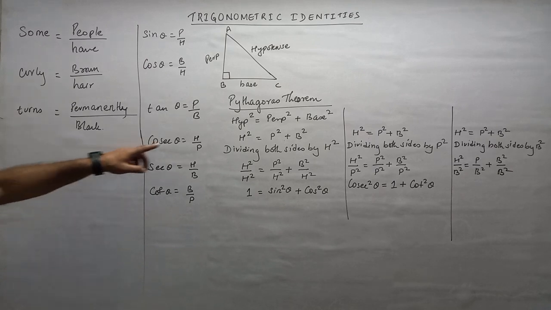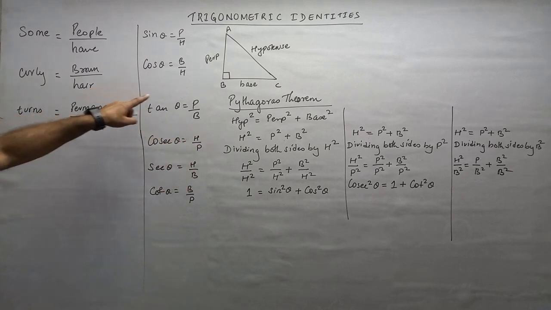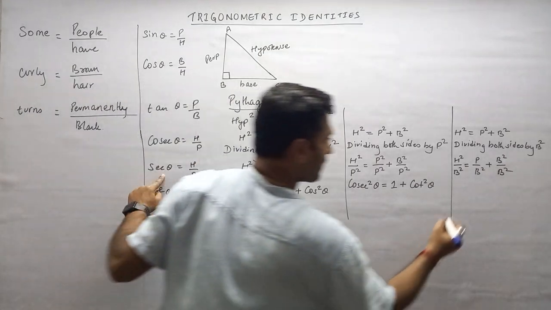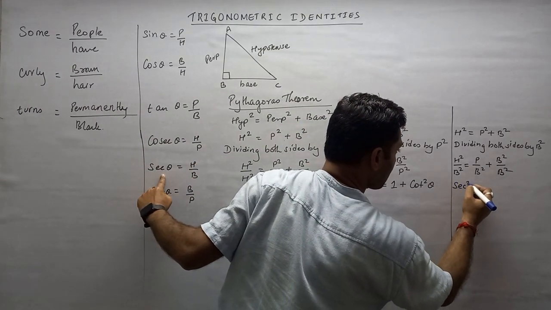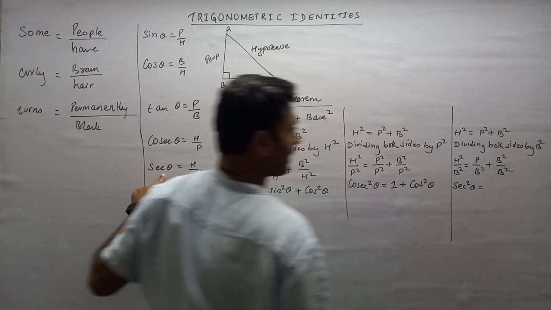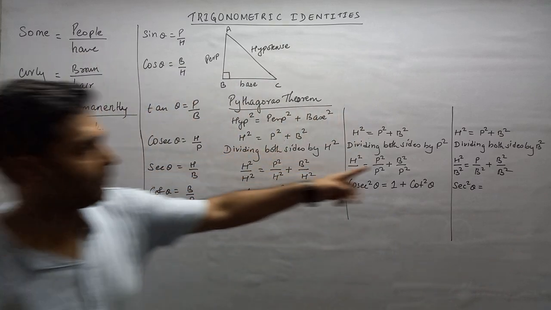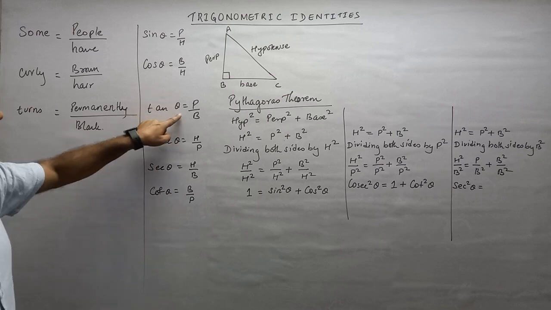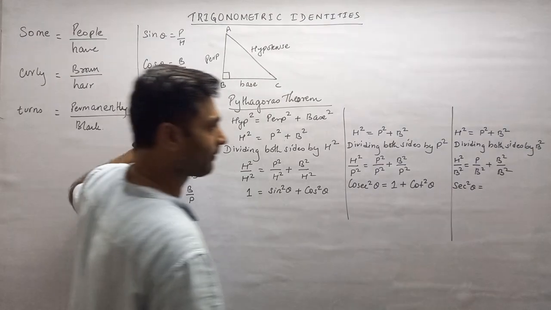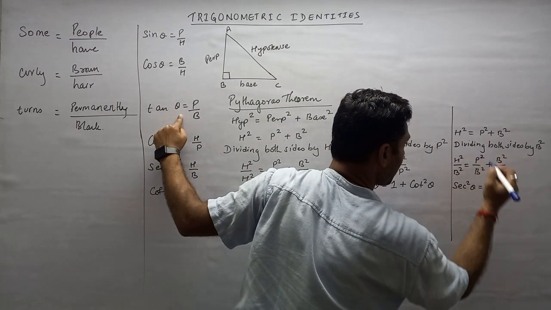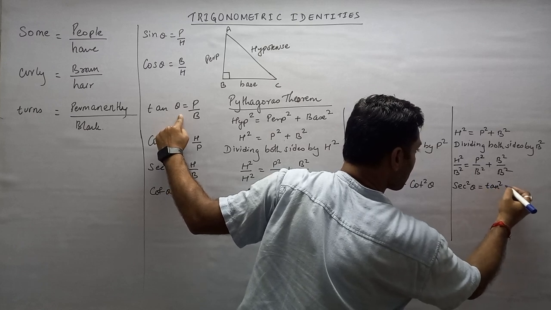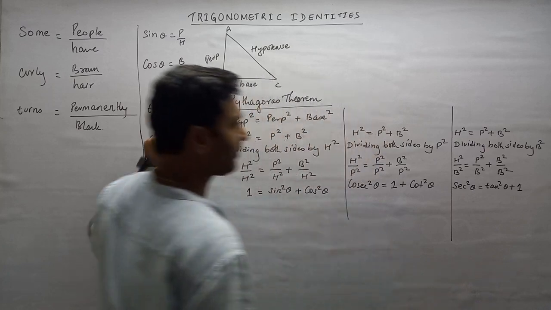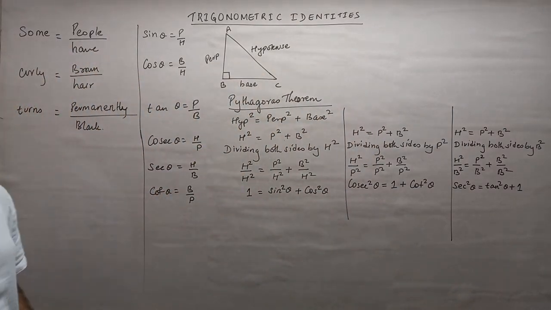Now what is h by b? Here we have h by b, that is sec. So this is sec square theta is equal to, what is p by b? Here, tan theta. So this is tan square theta, b upon b is equal to 1. So we got the third identity as well.